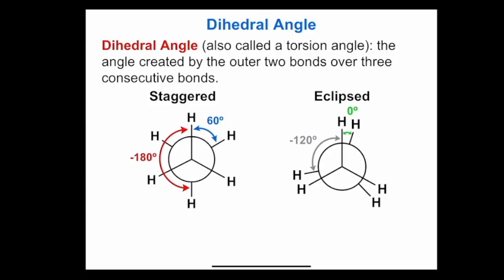Remember, we called staggered structures where all of the bonds on 2 adjacent atoms are kind of out of each other's way. Eclipsing structures are where the bonds are bumping into each other. And they repel because electrons in the carbon-hydrogen bond on the front and the carbon-hydrogen bond in the back, since they have the same charge, we get coulombic interactions. So as a result of that, they'll be higher in energy.